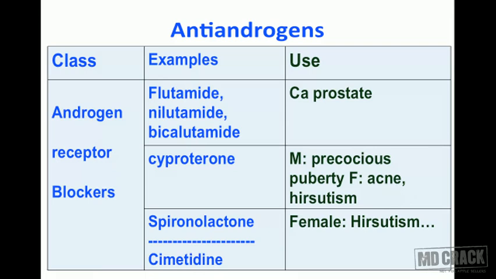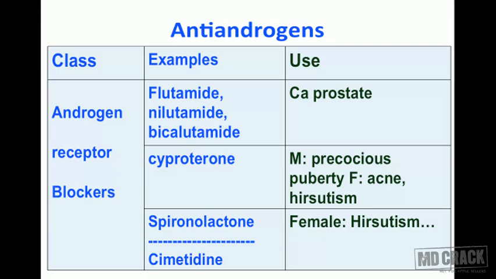There are two more drugs which I have mentioned in this slide. One is spironolactone. Any guess? What is this substance? Are you remembering any pharmacology? Spironolactone, a very important drug which is a potassium sparing diuretic and an aldosterone antagonist, extremely useful in the management of heart failure.